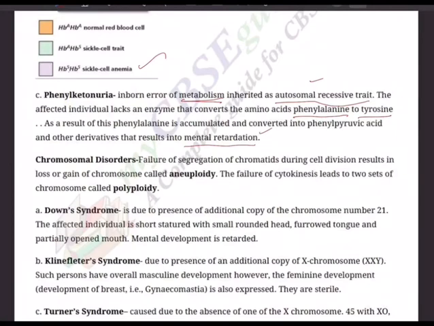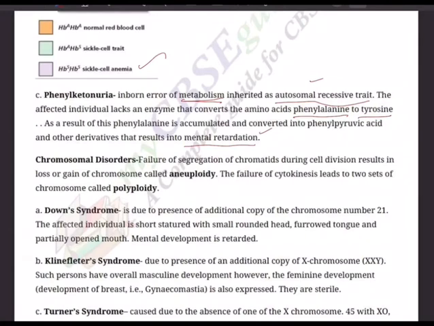Of course, in gene-related disorders, there is one more called thalassemia. It is also an autosomal linked recessive blood disease transmitted from parents to offspring when both the partners are unaffected carriers of the gene, so it is heterozygous.